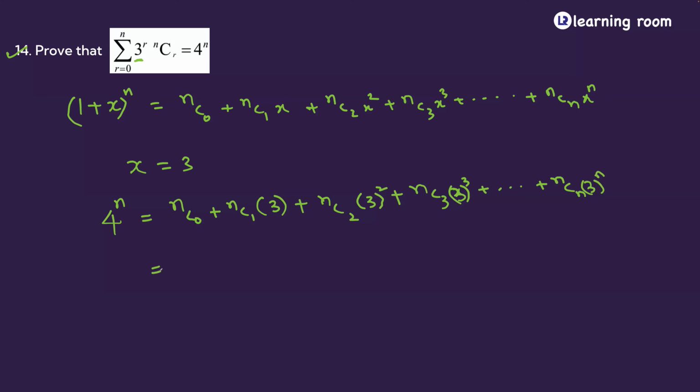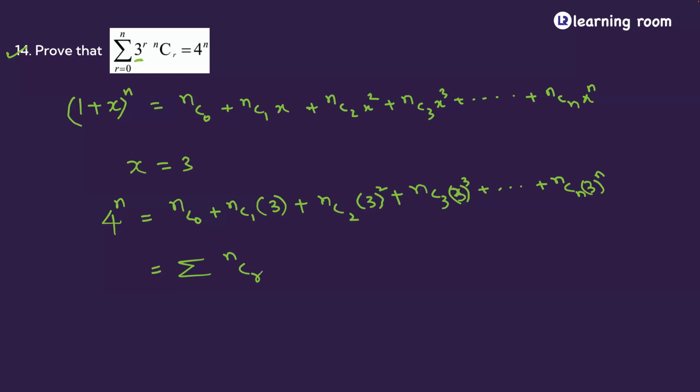Okay. So since it is summation, we will write it as sigma. I see everywhere the top power, the superscript, is n. See, the below number, the subscript, is changing, right? So what can I start with? I will write it as r.